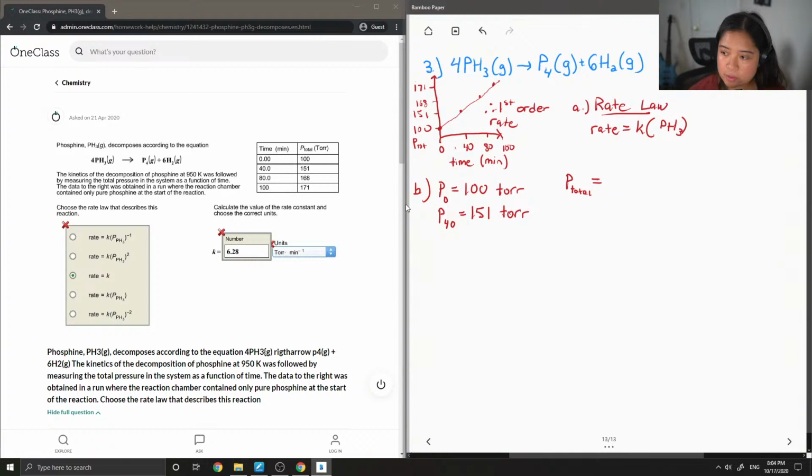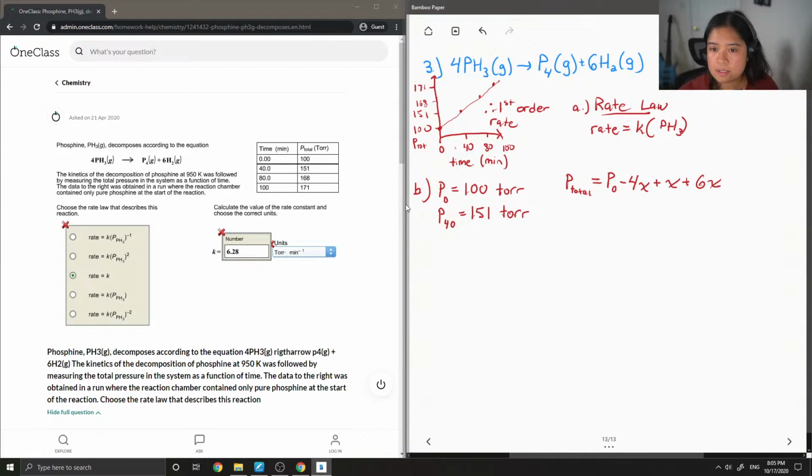So for P total, this is the pressure of your initial minus 4x. So for x, I'm just going to denote as pressure. And the 4 comes from the reactants. So it's going to be minus 4x plus x plus 6x.